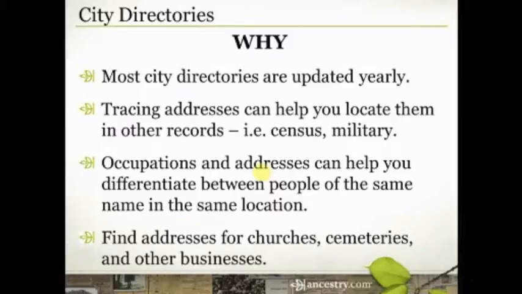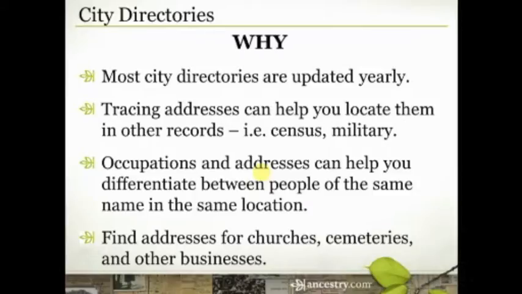And then one of the final things, and this is a very often overlooked reason to use city directories: a lot of times when we go into databases, especially on Ancestry.com, we do name searches. And that means we're looking for someone specific. But we need to start thinking about communities, the communities that they lived in and worked in and worshiped in.